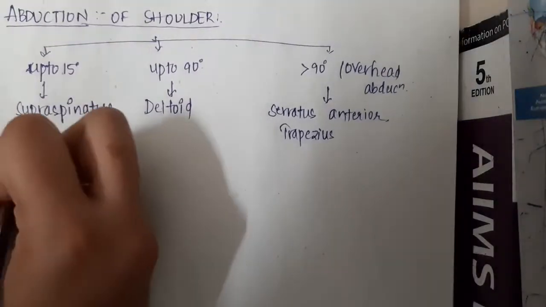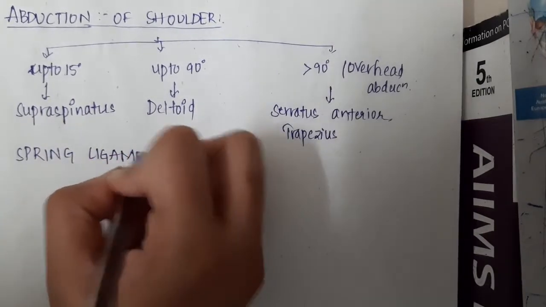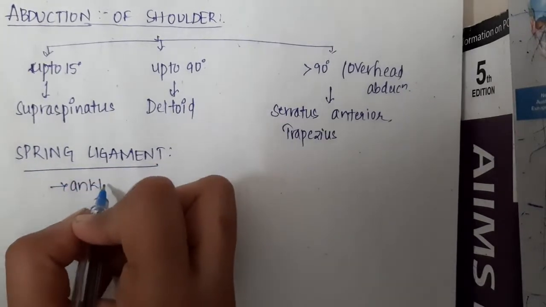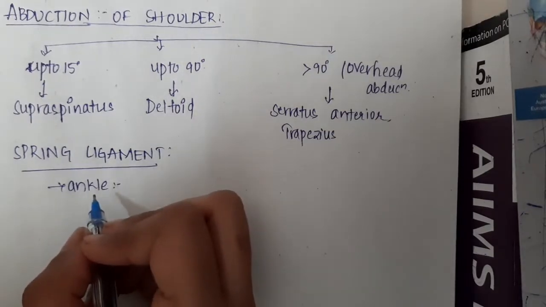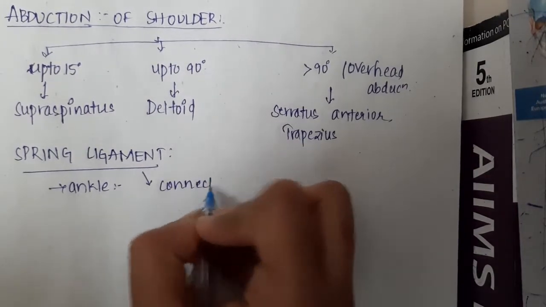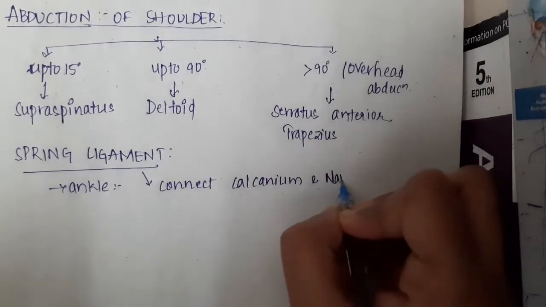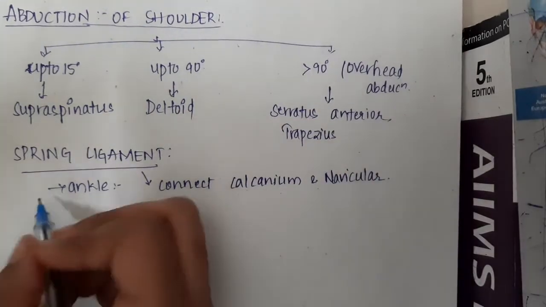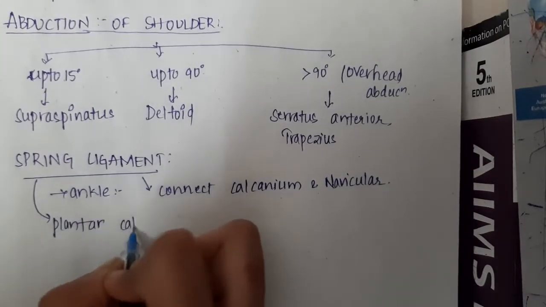The next question which is important is about the spring ligament. What is the spring ligament? The spring ligament is present in the ankle. It is actually a group of ligaments which connects the calcaneum and the navicular bone.